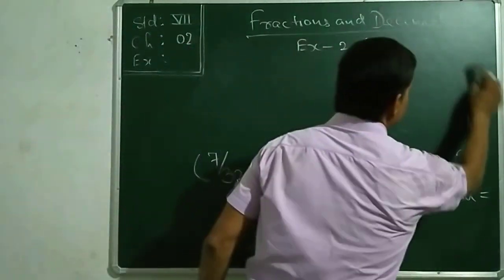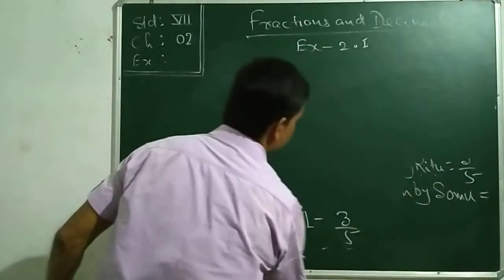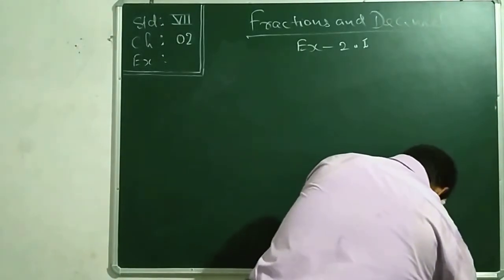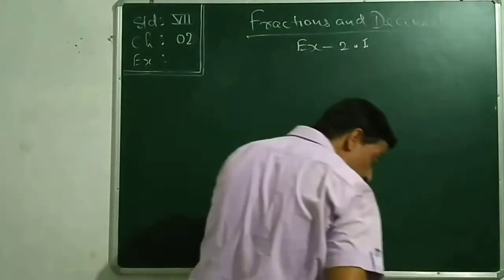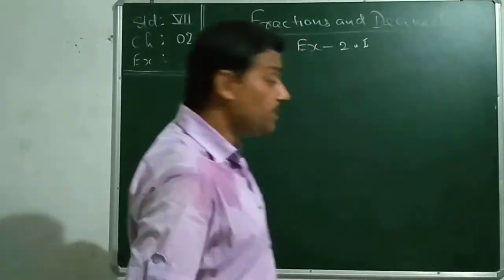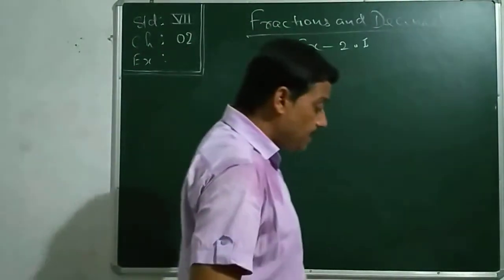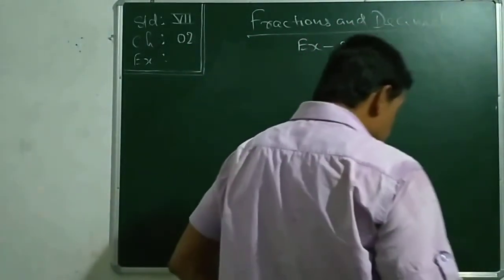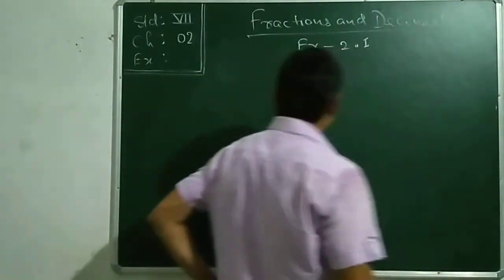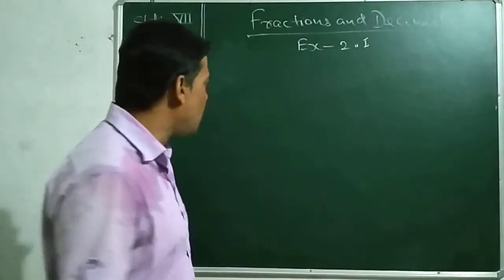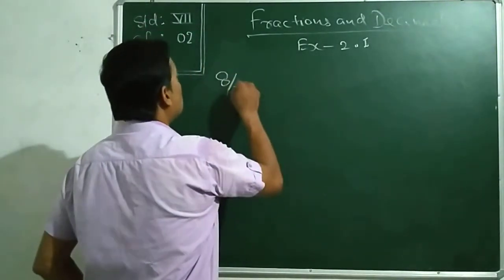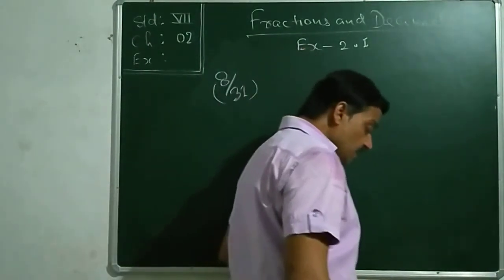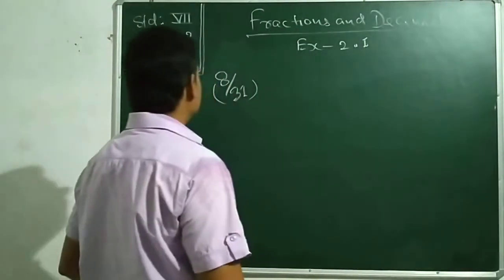Michael finished the coloring of the picture in 7 by 12 hours. However, Vaibhav finished it in 3 by 4 hours. You are asked to find out who had taken a longer time.